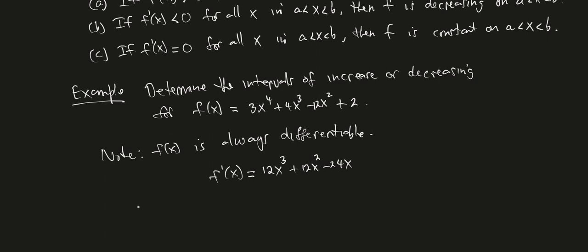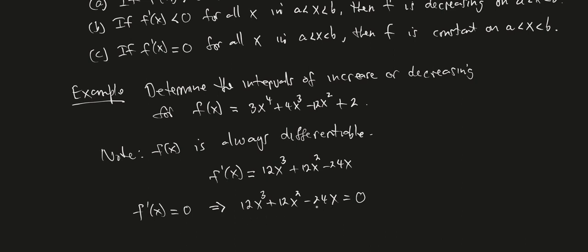Let's do that. So let's first see if there are any values for which the derivative is equal to 0. So let's take our derivative, set it equal to 0. That gives me an equation. So we have 12x cubed, and then plus 12x squared minus 24x is equal to 0.